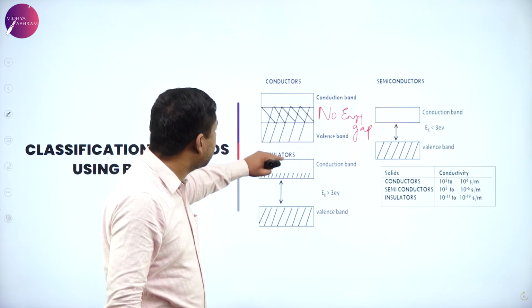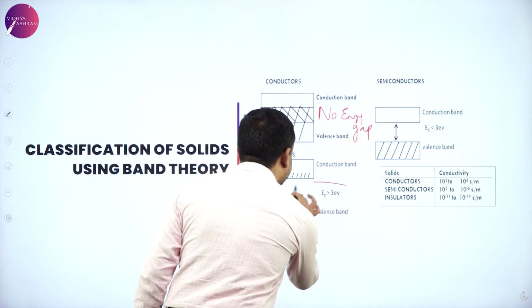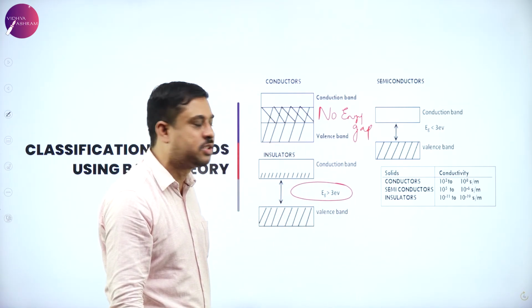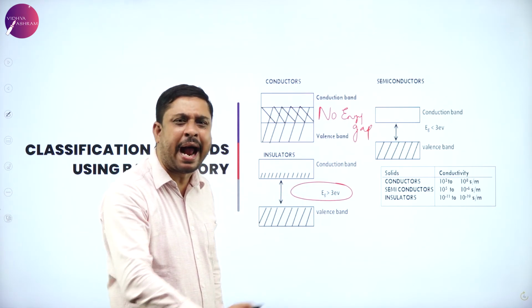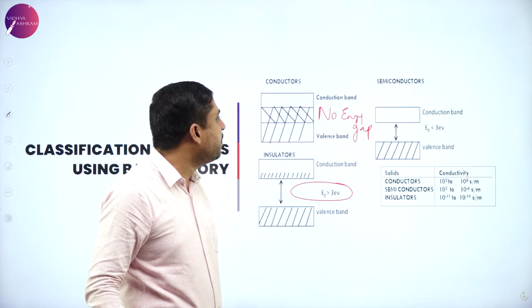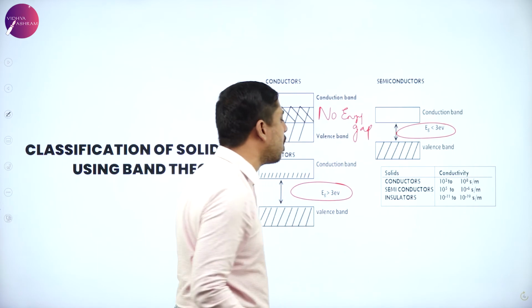Insulator, clear-cut demarcation, energy gap greater than 3 electron volts. Conduction band is completely empty. Semiconductors, it is less than 3 electron volts.